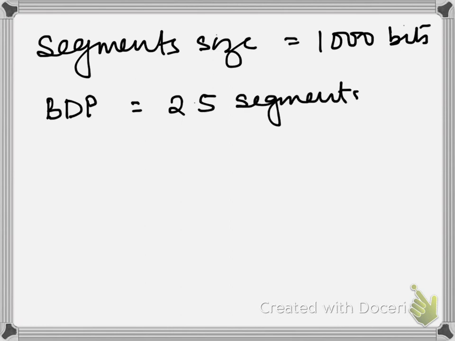Again, I'm repeating, I'm considering 1K to be 1000 instead of 1024. So this is an approximation. So that means at a time I can have 2.5 segments inside the link, inside the pipe.